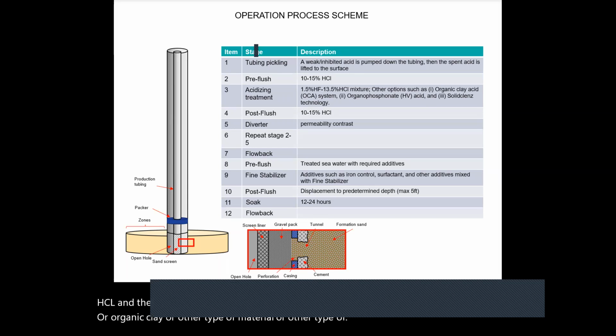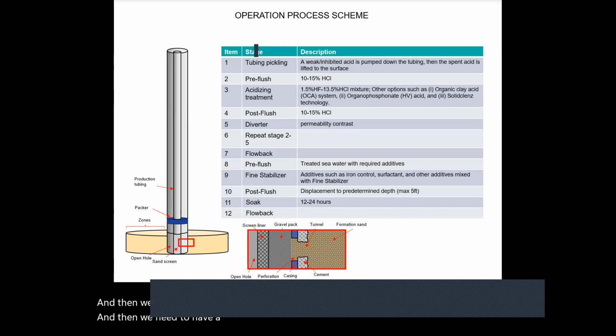After that, we need to push the acid into the formation, so we use a post flush of 10 to 15% HCl. If we have long zones, we will use diverters, which are utilized when we have a permeability contrast, and then we repeat stage 2 to stage 5, and then we need to have a flowback.